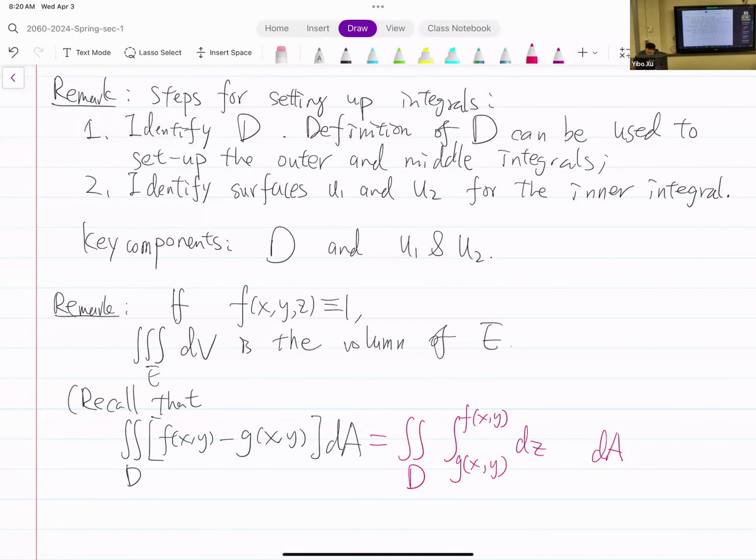So we can write the inner difference as a single integral right here. And finally, this blank here, you can just replace by 1, or that function little f as a constant.